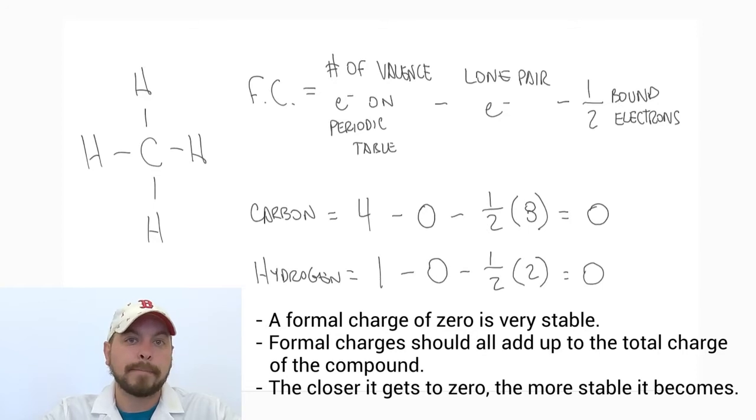In this case, methane has a total charge of 0, and the formal charges of carbon and hydrogen add up to 0. So that's good. But also we're looking for the formal charges to be as close to 0 as possible. That's a more stable situation. So the more stable compounds are the ones with the formal charges which are all closer to 0.